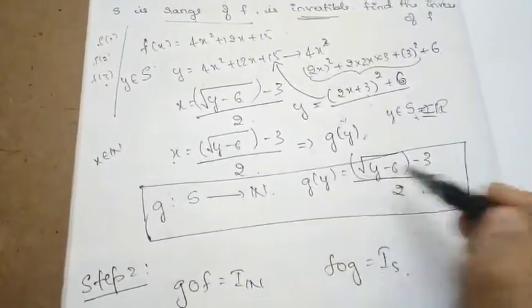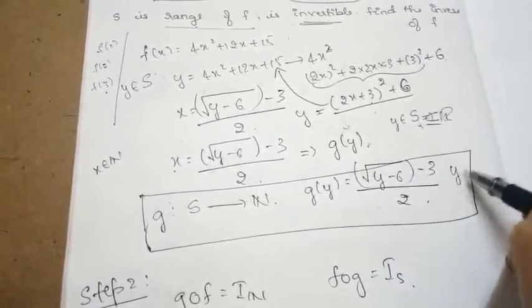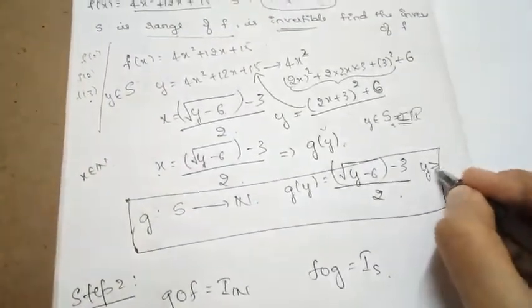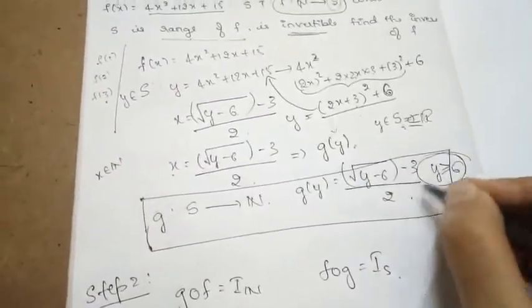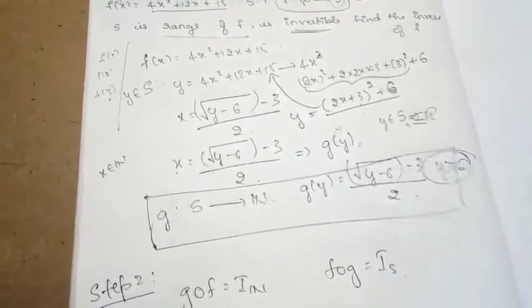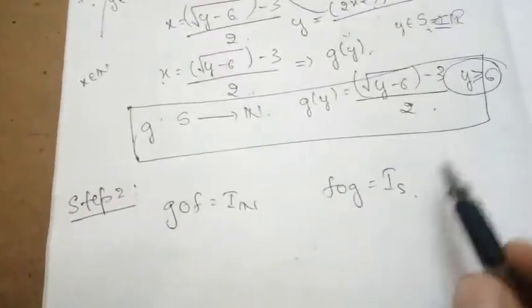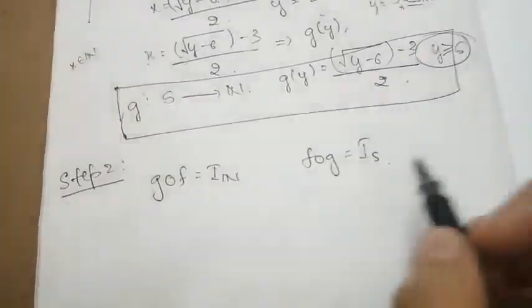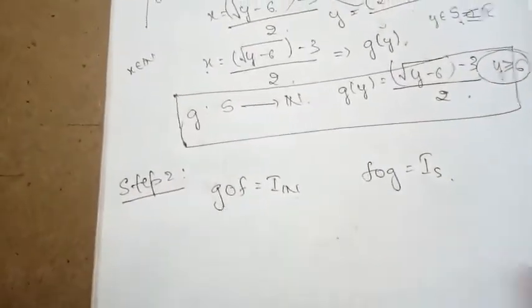So here the value y should be greater than or equal to 6, because if it becomes less than 6 it will become a complex number, because inside the root we are going to get a negative value. So it should be greater than or equal to 6. So now you need to prove this one.